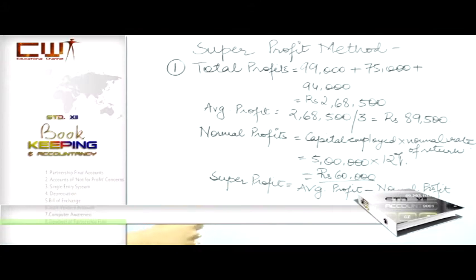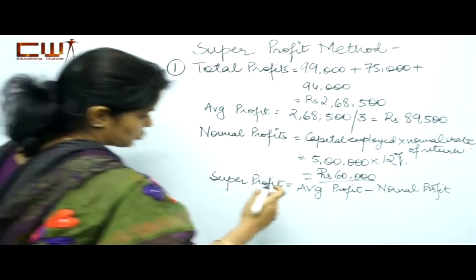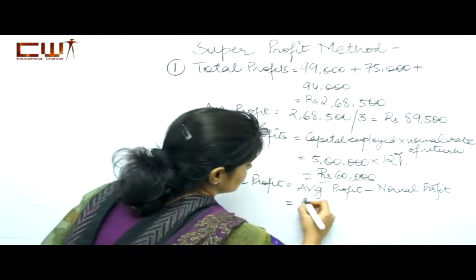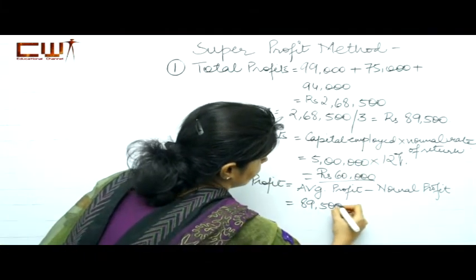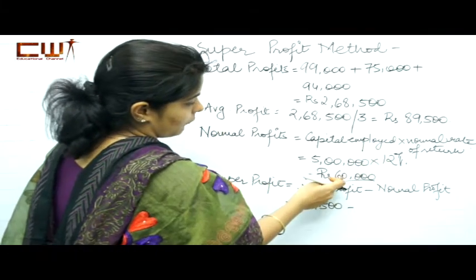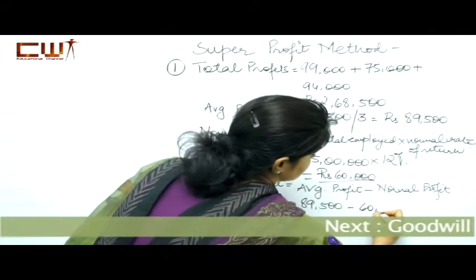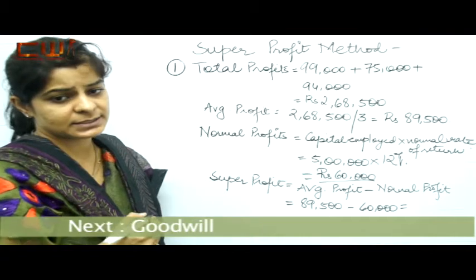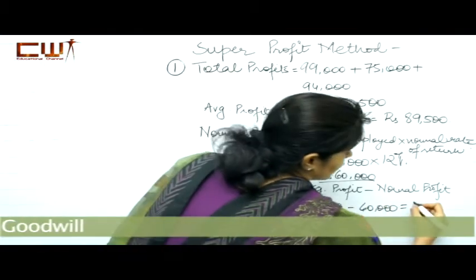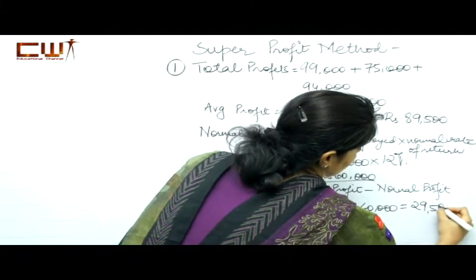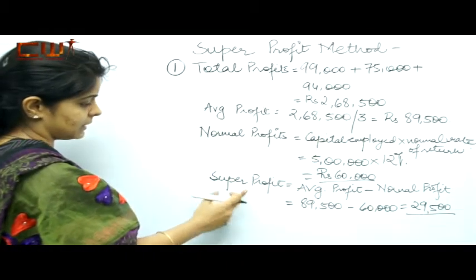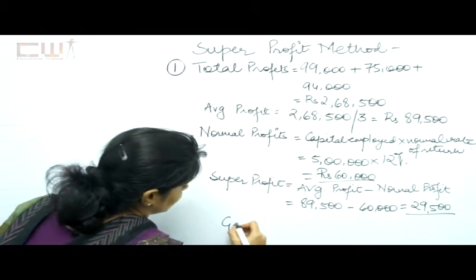What is the average profit we found out? 89,500 minus the normal profit we found out, 60,000. 89,500 minus 60,000 will give you 29,500. This is the super profit that the company has earned. Now you will find out the goodwill.